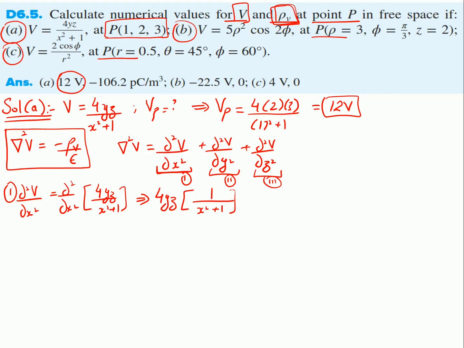So I have 4yz, and I want to figure out the first partial derivative with respect to x of 1 divided by x square plus 1. How can you do the partial derivative of such a value?